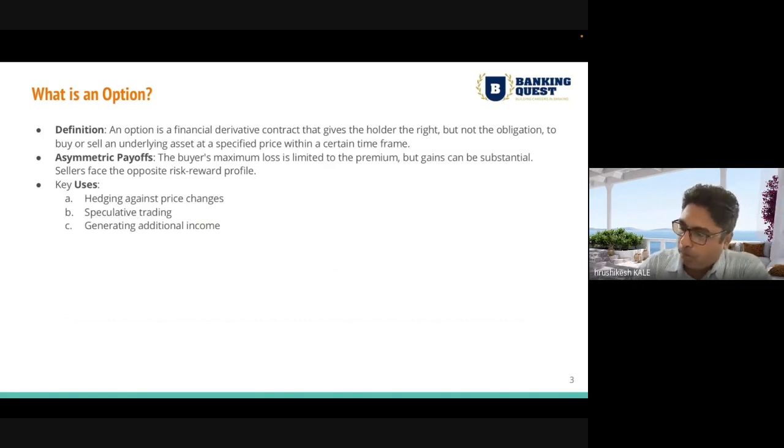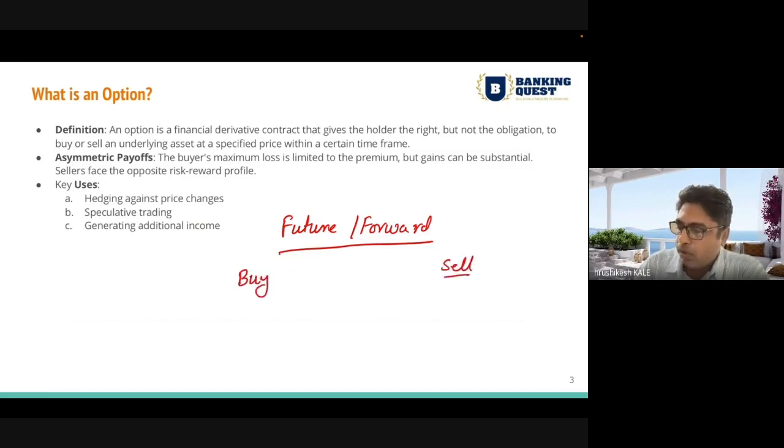So, if you see future or forward contracts, you will find that both the parties, the buyer and seller, have an obligation to fulfill the contract. But when it comes to the option, the word itself says that someone will have an option.